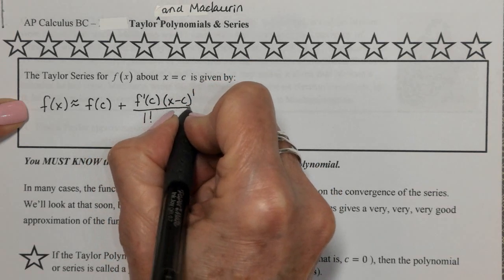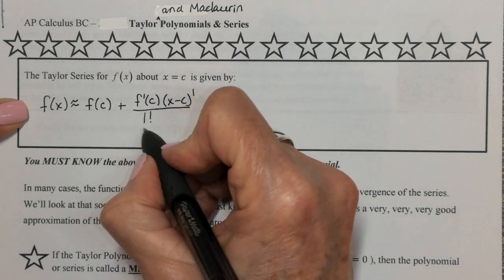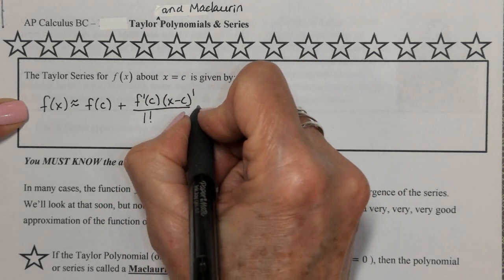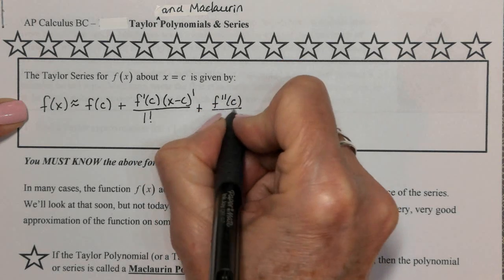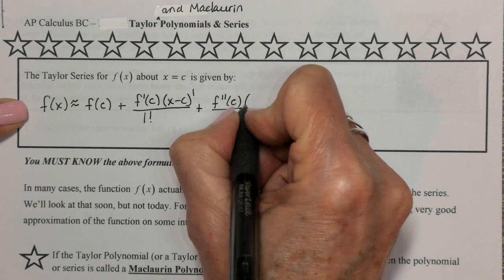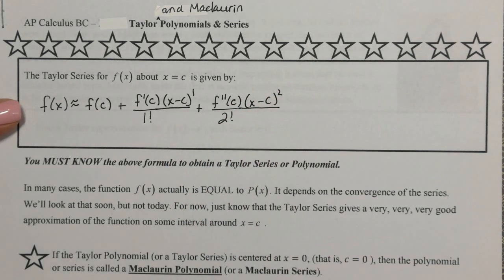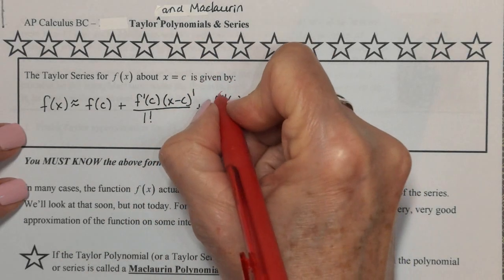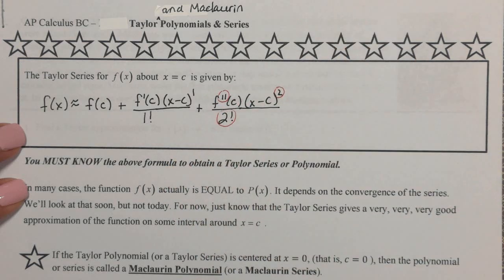Sometimes I just write it all as one big numerator there, but the whole thing here is the coefficient, plus f double prime of c divided by 2 factorial times x minus c squared. So always the derivative, the power, and the factorial all match.